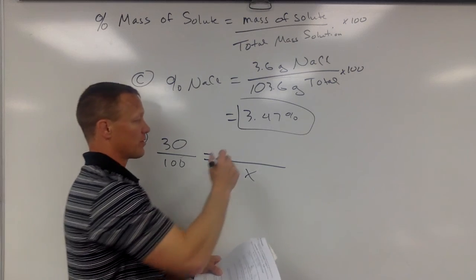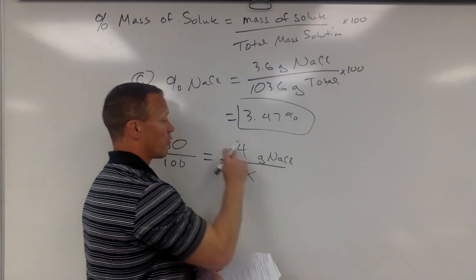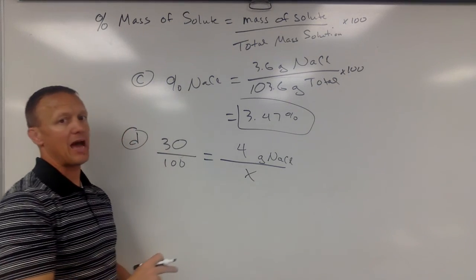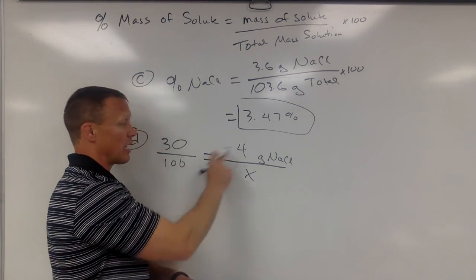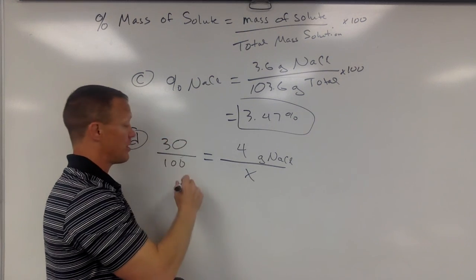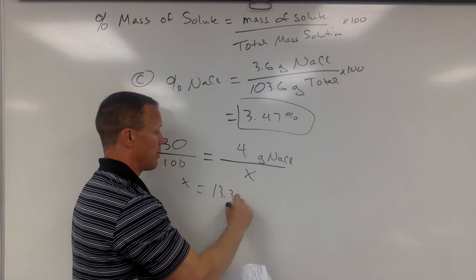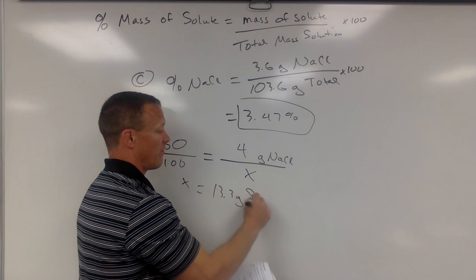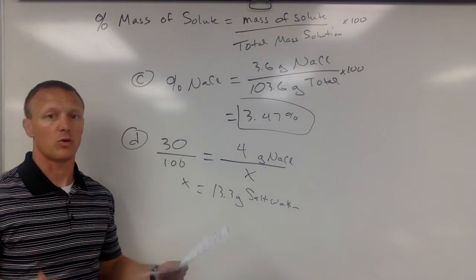I'm trying to get 4 grams of salt, so what solution do I need to have to get 4 grams of salt? So again, cross multiply. This time I want to go this direction: 100 times 4 divided by 30. In that case, it's about 13.3 grams of salt water.